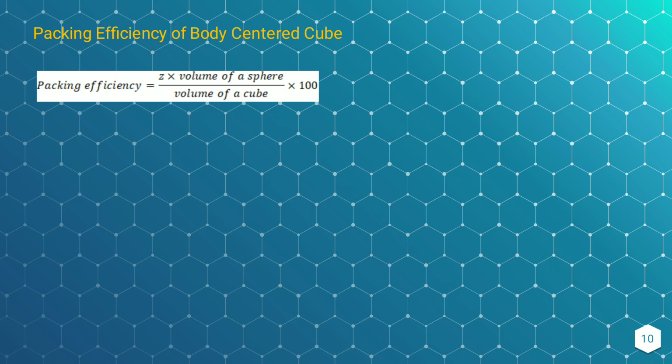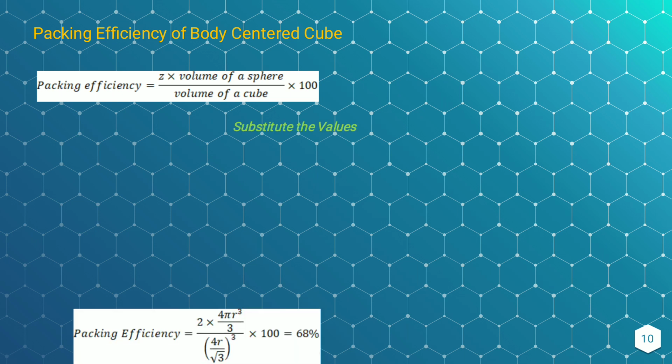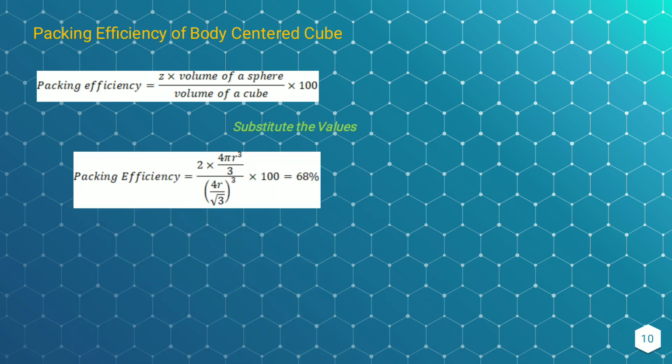Packing efficiency is equal to Z into volume of a sphere divided by volume of a cube. We know Z is equal to 2. Volume of a sphere is 4 by 3 pi R cube. Volume of a cube is 4R divided by root 3, cubed. So on substituting that, we get the value equal to 68%.